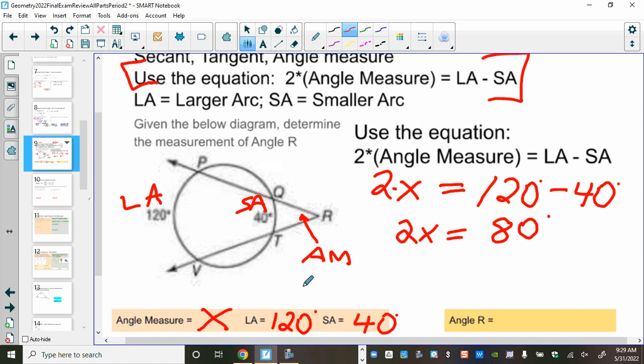Can we solve for X at this point? Do we have enough? Yeah, you can. Again, the most important part is getting that set up. If you see a diagram like this, most important things, here's your list. List what you have. List what you need.